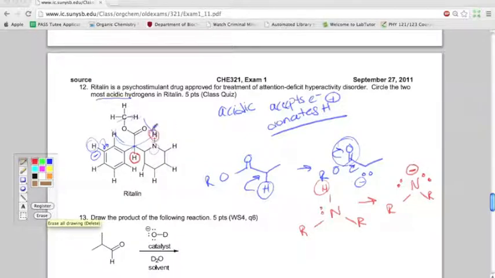So you know this hydrogen here is going to be more acidic. It will be happier with that negative charge than this carbon here if you pluck off that hydrogen, because as I'm sure it has been beat into your head multiple times and you're tired of hearing it, never ever ever ever give carbon a charge. So these are your 2 most acidic hydrogens.